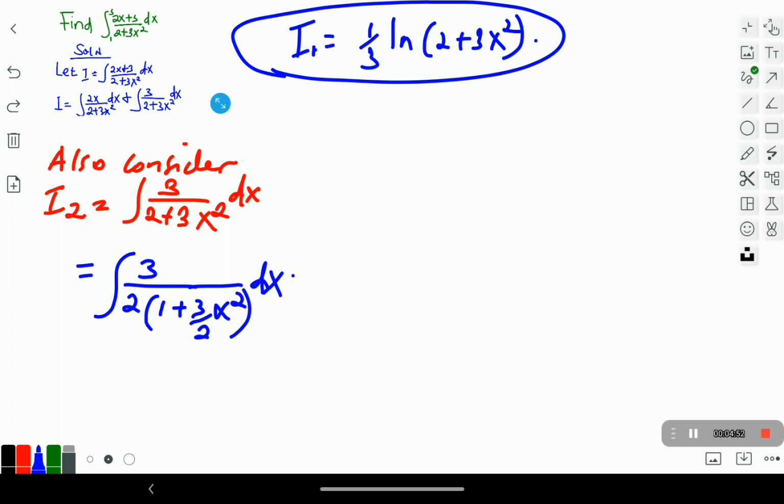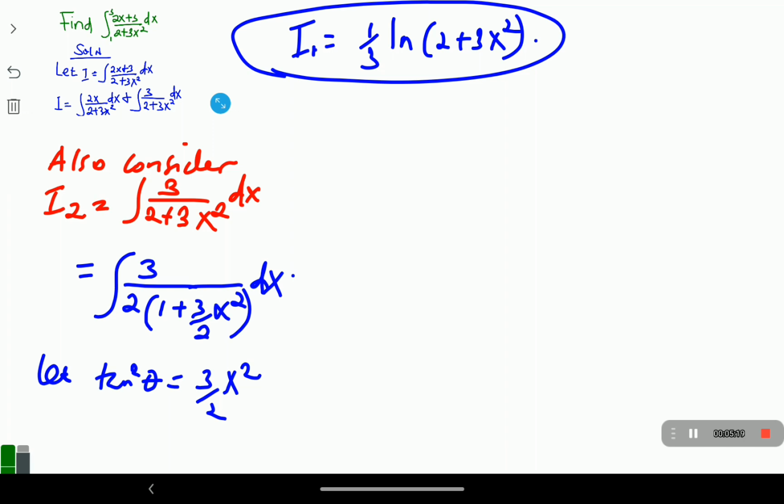dx. Still like what we did in the previous one, we need to get dx so that we can change the variables. So let tan squared theta be equal to 3 over 2 x squared. What's the purpose of this? We want to use this to get dx expressed in terms of theta, and then we reduce the variables in the question.